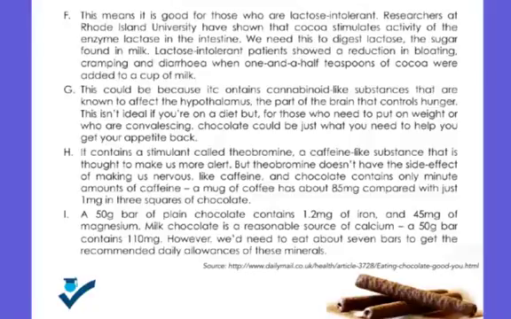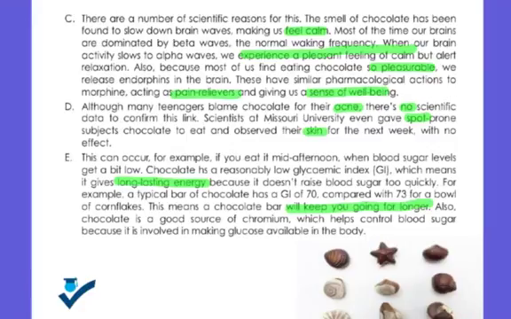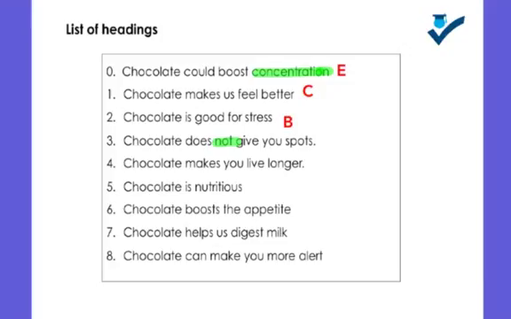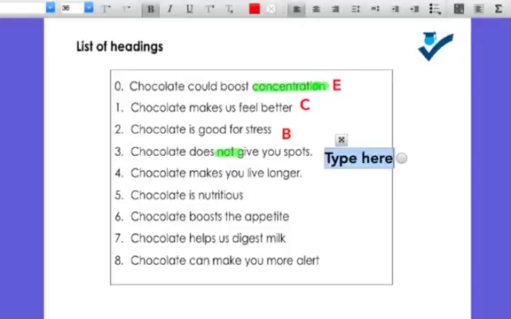If the paragraph tells you that research shows that it does give you spots, then that could not be the answer. However, you can see here that it says there is no scientific data to confirm this link, that chocolate gives you acne or gives you spots or gives you pimples or irritates your skin. So this is obviously the right answer. Okay, so let's put this down as paragraph D. Well done if you've got this one right.